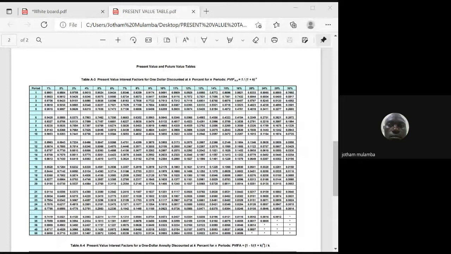So what happens, you go to this particular shop, then you agree you want to buy, let's say, a TV set. And the TV set is 30,000. So because the TV set is 30,000, that hiring company will tell you, if you pay cash, you'll pay 30,000.